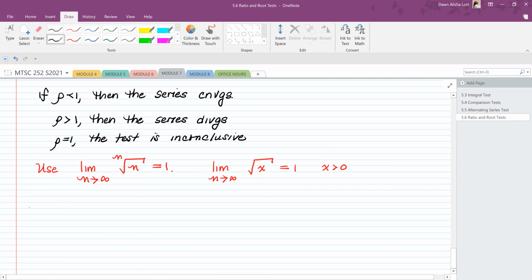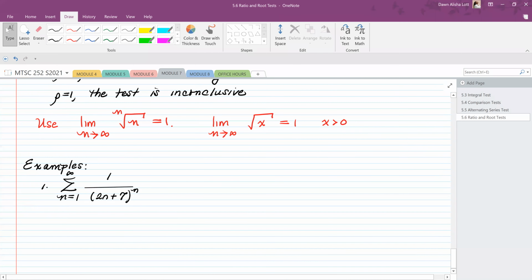So number 1, so here's some examples. The first one is easy, quick and dirty. Summation n equals 1 to infinity of 1 over 2n plus 7 to the nth power.